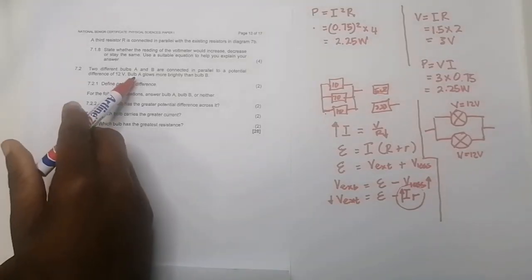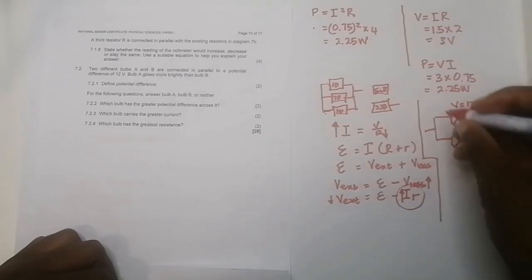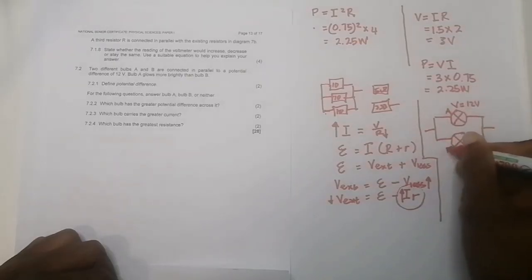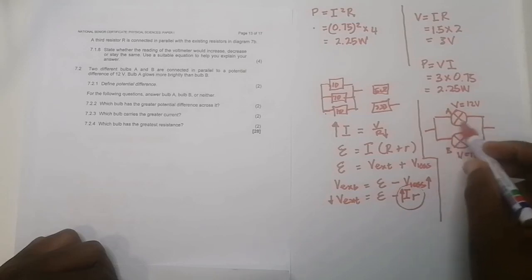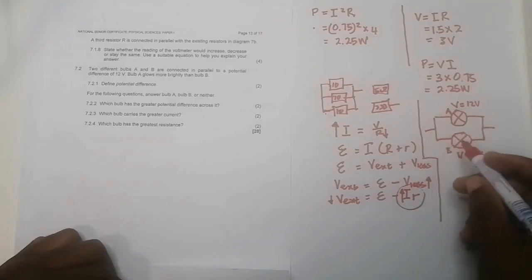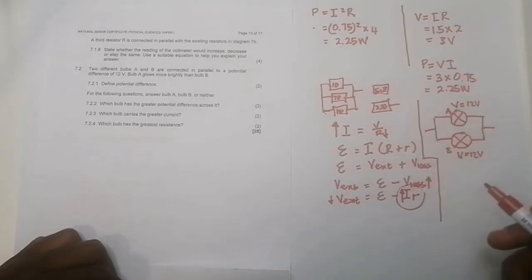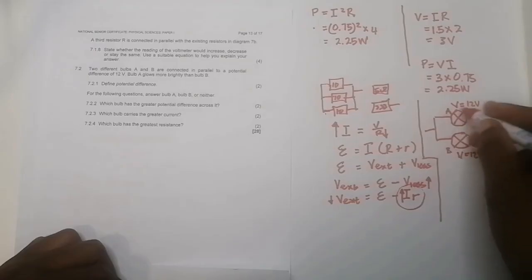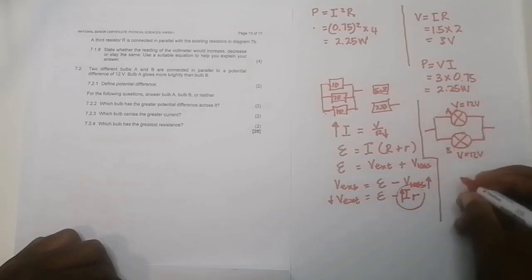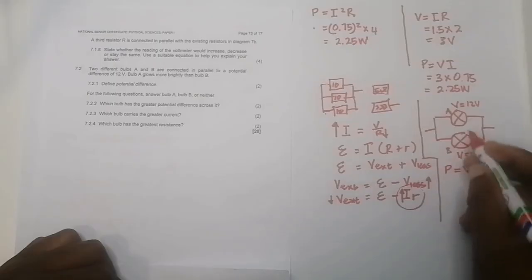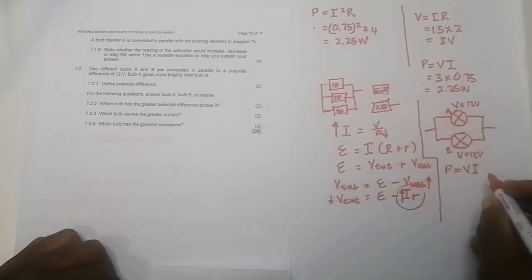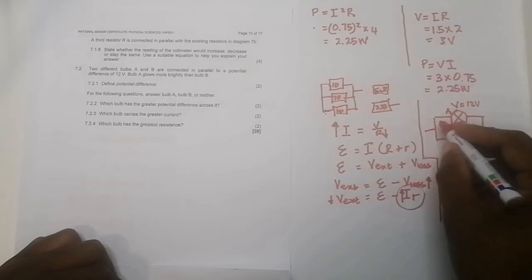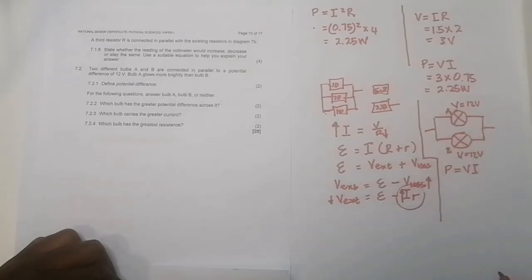So in this case, they tell us that bulb A glows more brightly. So let's say that was bulb A and that was bulb B. If this one is glowing more brightly, and remember, the brightness of a bulb depends on the power across it, right? So the power is not due to voltage in this case, because voltage is the same. If you take the equation P equals V times I, then if bulb A glows brighter, it would obviously be due to more current being able to pass across that bulb.